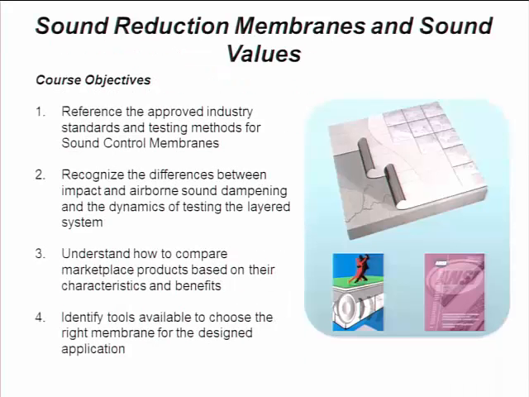Let's look at the mission for today, or the course objective. We're going to be talking about sound reduction membranes and sound values as they relate to the ANSI specification.